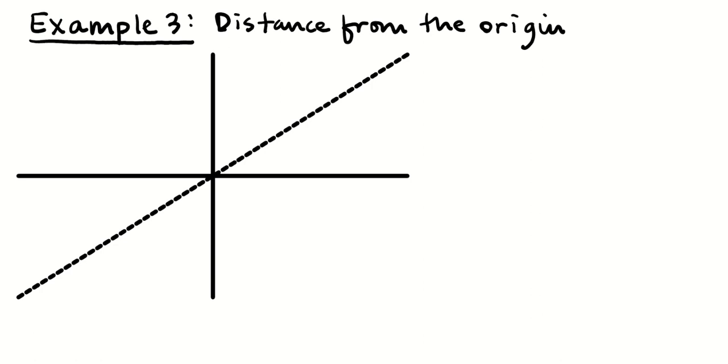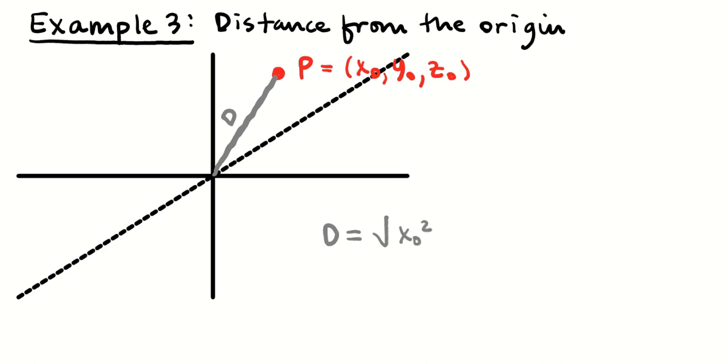If I have some point in space, P, or a vector emanating from the origin and going to point P, and P is the point (x0, y0, z0), we know that the distance from the origin, which we could call d, has length equal to the square root of the x coordinate squared plus the y coordinate squared plus the z coordinate squared.